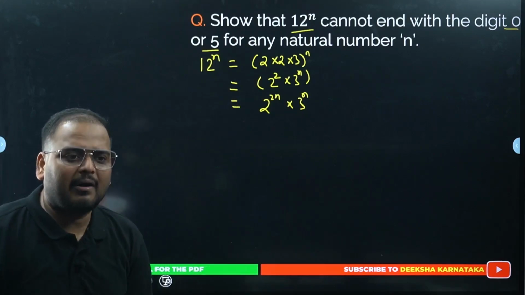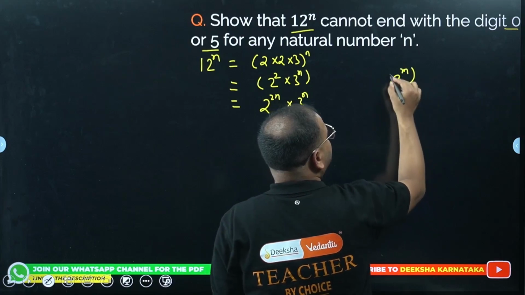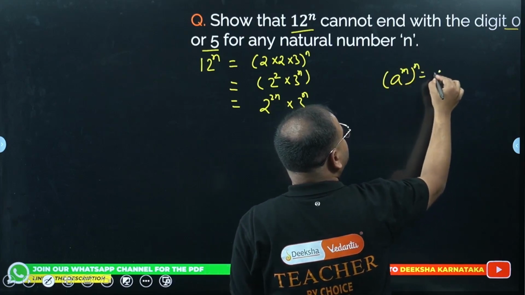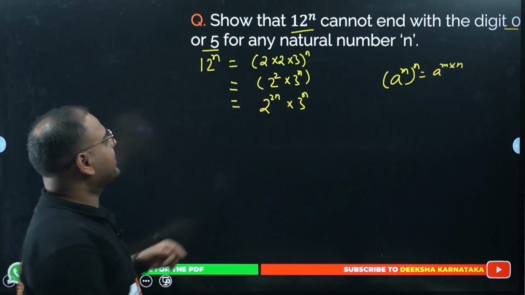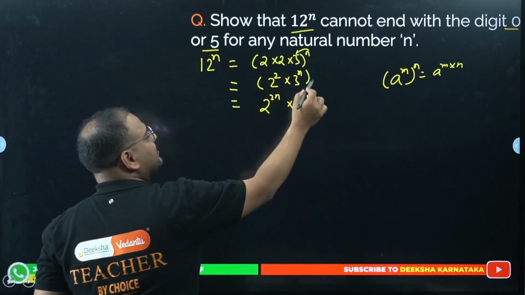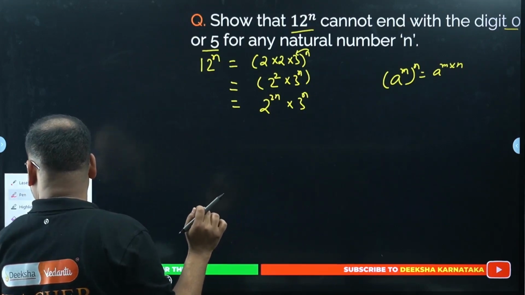Power to power gets multiplied. Confused? a power m to the power n becomes a power m times n. Same way I have taken this n inside. Okay? There's a mistake. Let me correct it.